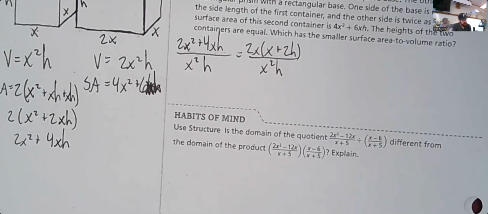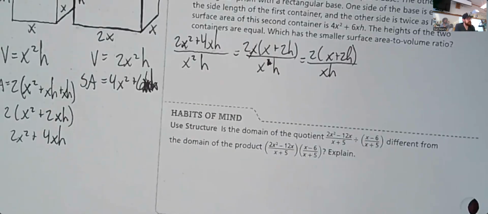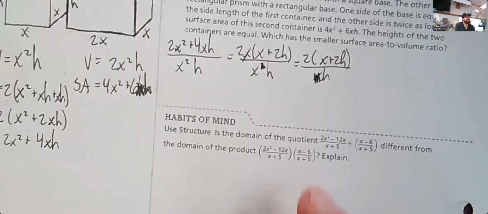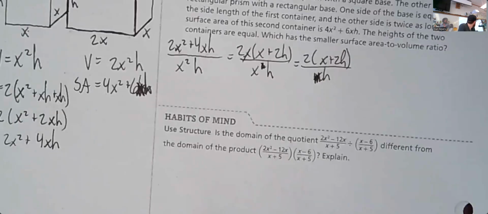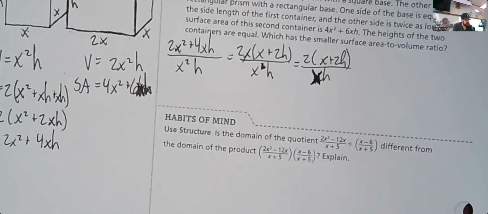Okay. So that's going to be canceling that out and canceling one of those out. So that'll give us 2 times (x plus 2h) over, oh yeah, you're right. That was a squared. It goes down to 1. So that's our ratio there.